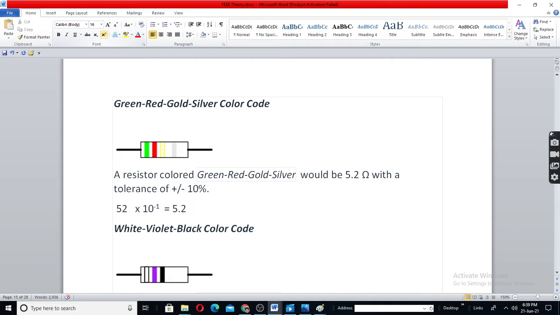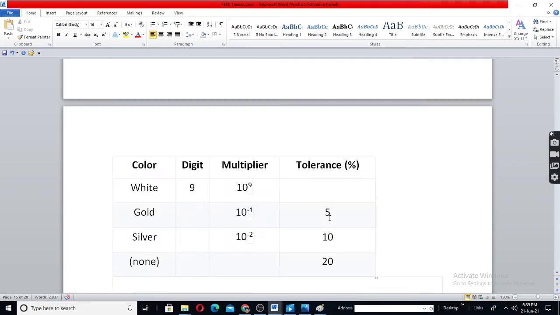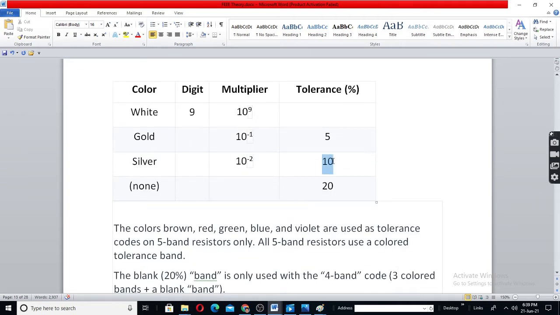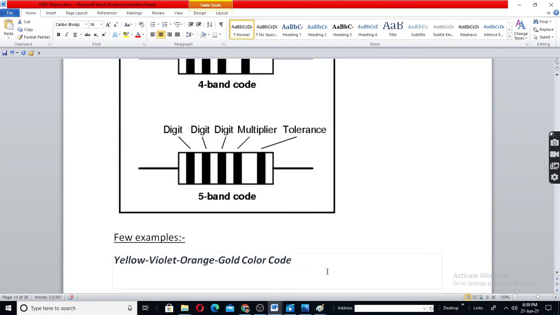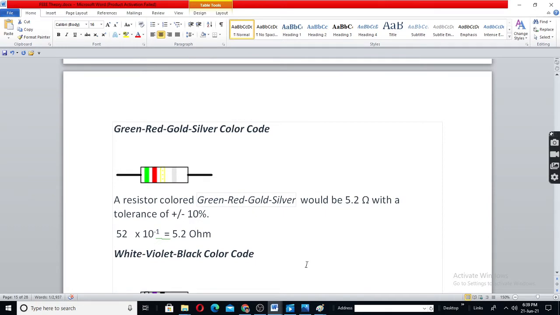And now the silver band, see the table, it is 10%. So plus or minus 10%. So the manufacturer says this resistance has value 5.2 ohms plus or minus 10%.